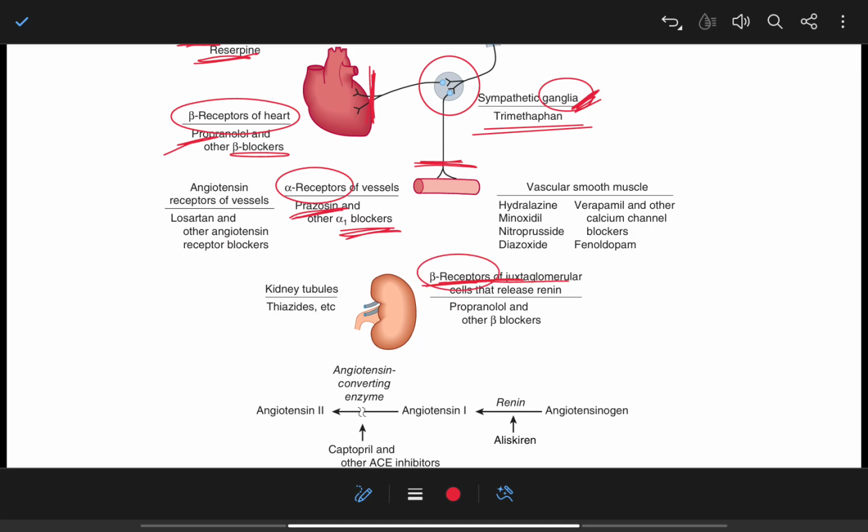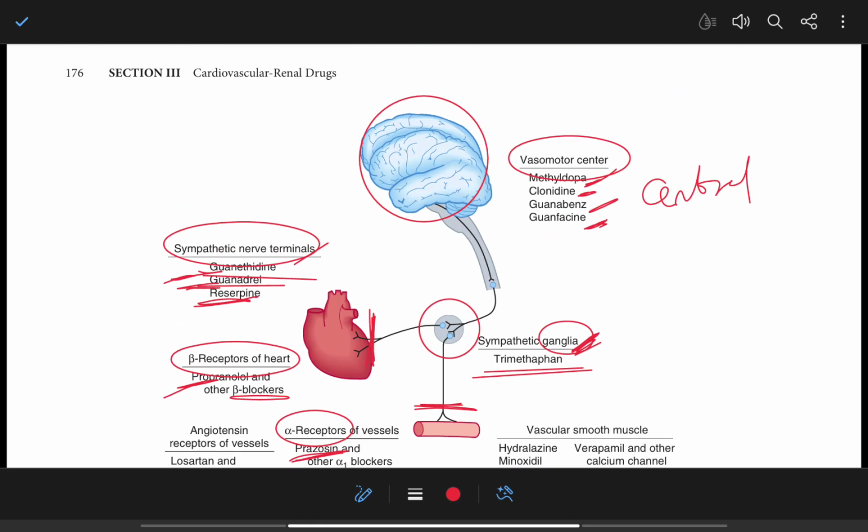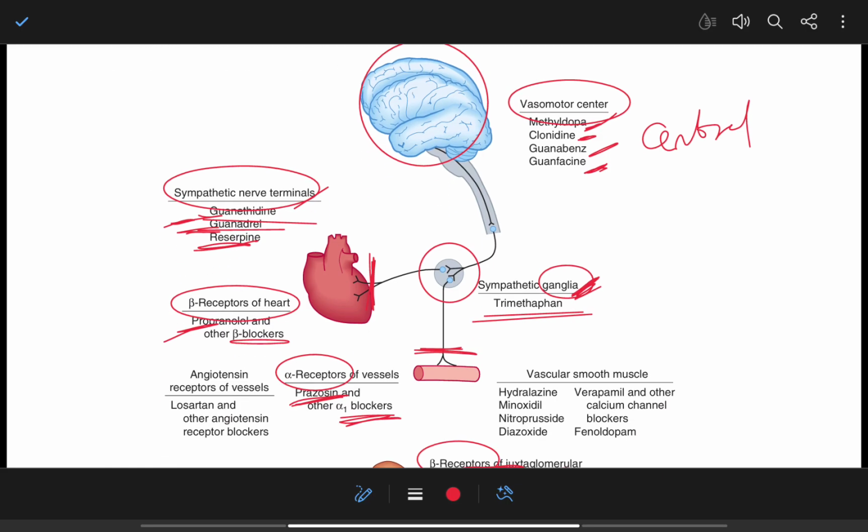Again, you can see propranolol and other beta blockers here. So far I've shown you the sympathoplegic agents and the four sites in which they work: centrally acting, ganglion, nerve terminal, and the receptor level.